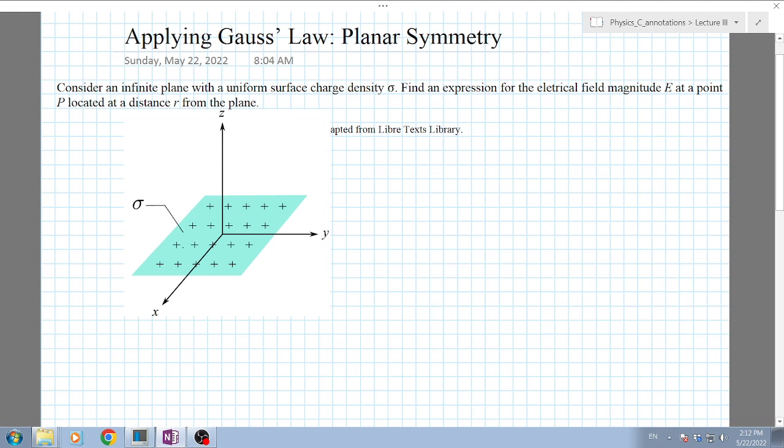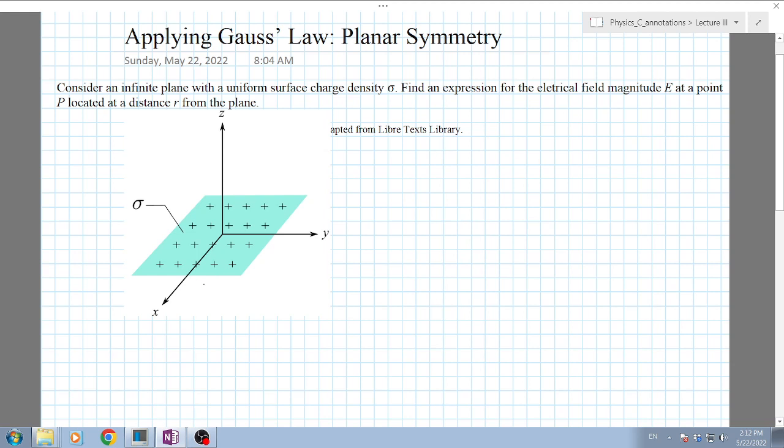So this is the symmetry I'm going to use. Here is the plane. Here is the surface charge density, and I'm going to use this reference frame to solve this problem.